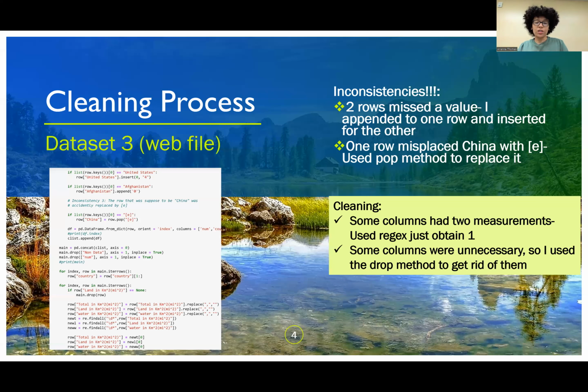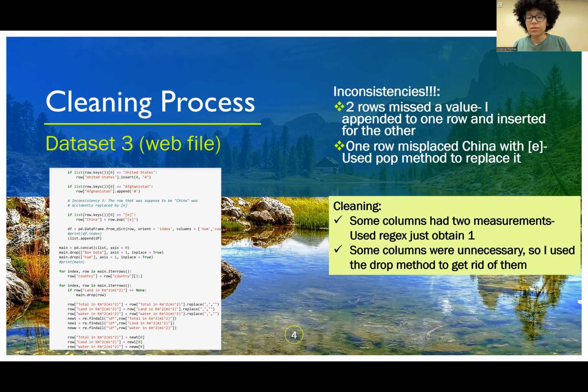Okay, the cleaning process. The web file definitely had its inconsistencies. When I was trying to make it into a final data set, the way I was doing my data frames was that when I downloaded it, I would make it into a list, then make individual tiny data frames from the list, and then make them all into one big one.